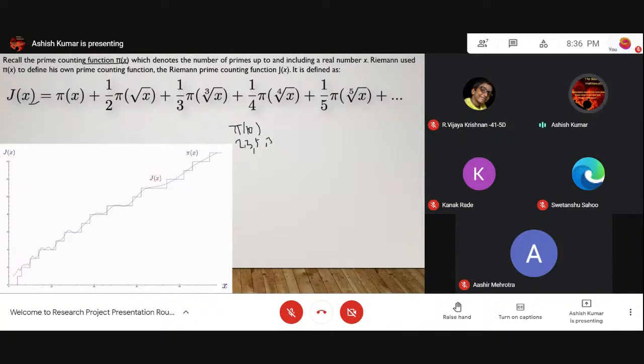That is 4 prime numbers. Therefore, pi of 10 is 4. And he calculated a similar function to the pi function, called the J function, which was actually the same as the pi function. Actually, the pi function has a relation with the Riemann zeta function.